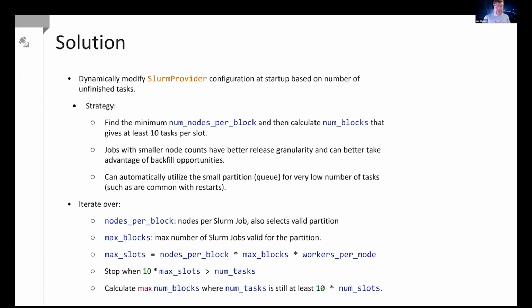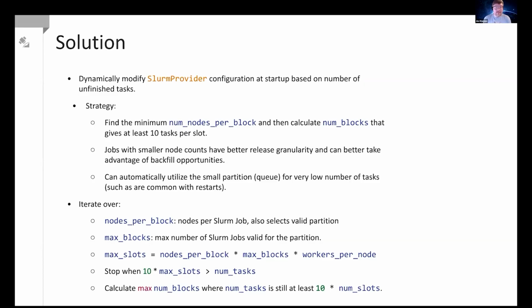And then there's usually not that many. So in order to meet that 95% efficiency with the 10 per slot and the queue sizes, we basically needed to run 30,000 tasks at a time, which was problematic. Our solution to this is incredibly simple in hindsight, but wasn't obvious for us to do. So we thought we'd point it out.